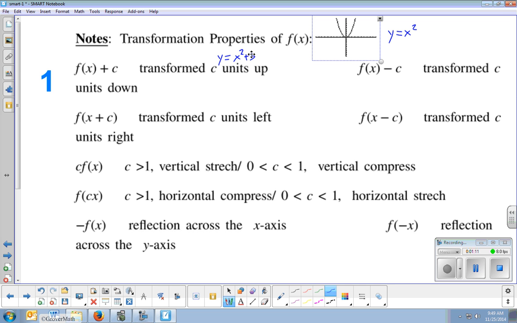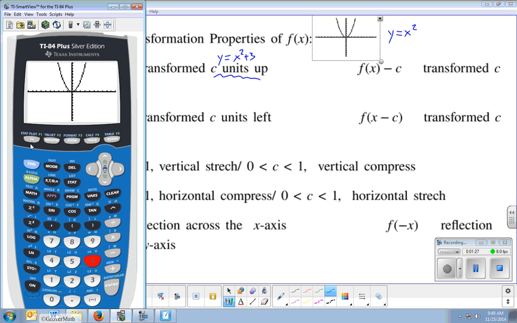And what this property is saying is that when you plus c on the end of a function, it transforms the function c units up. So what we're going to see is our parabola is going to be translated 3 units up.